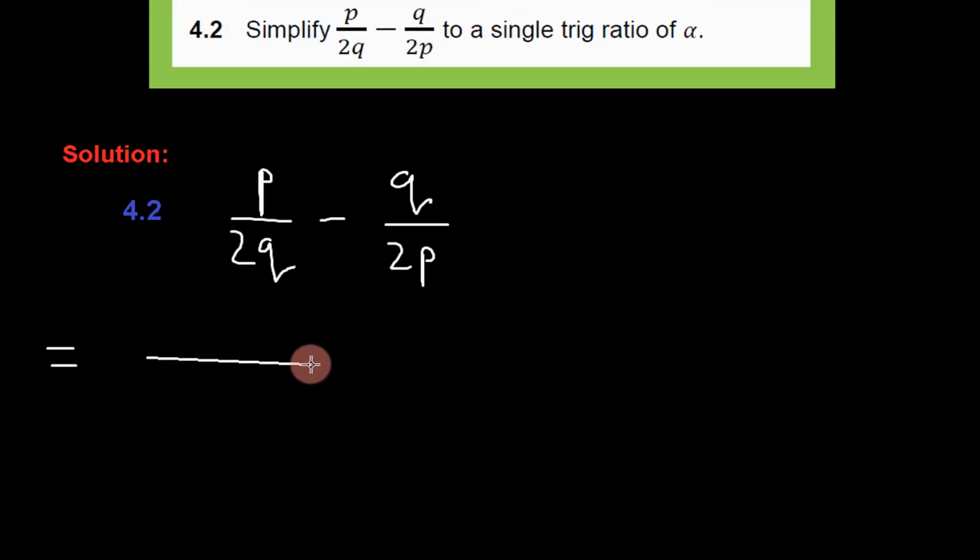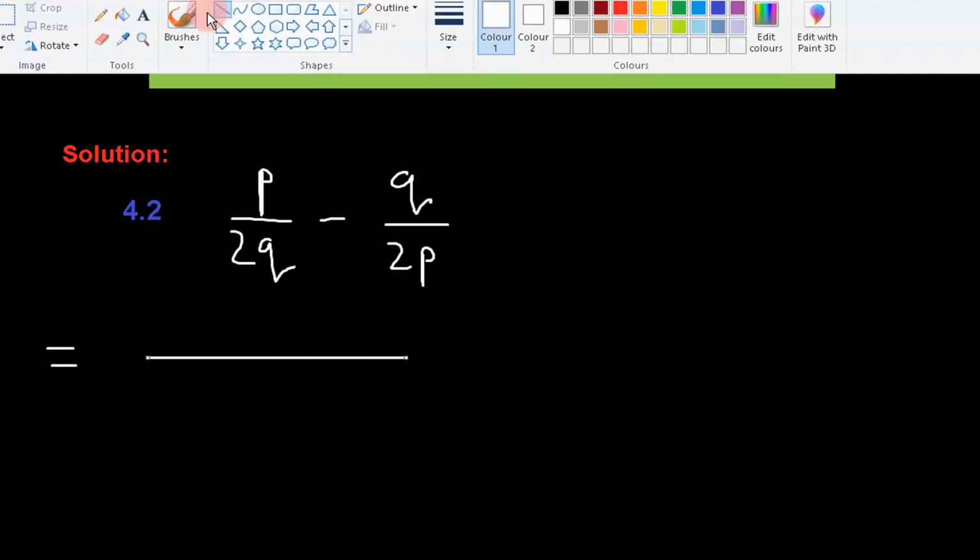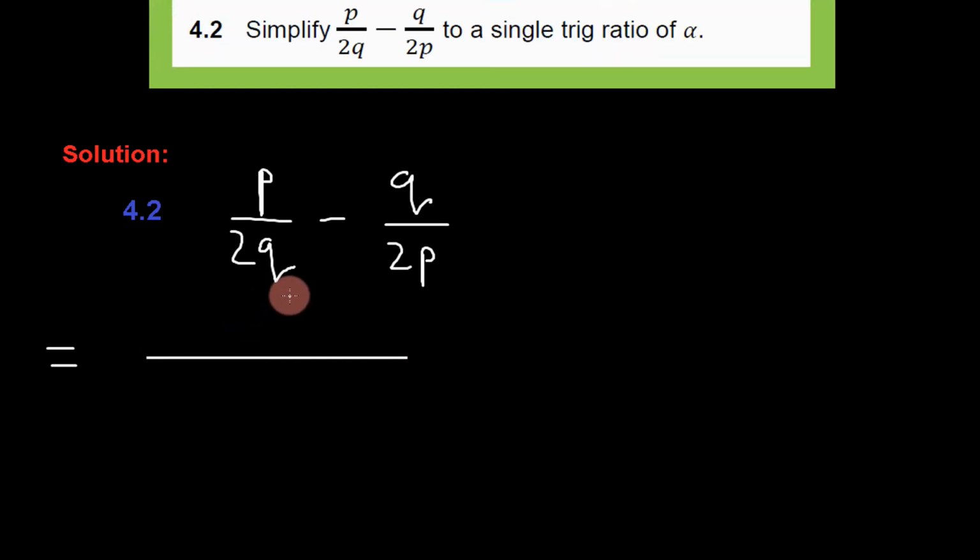So we can find the LCD. The LCD, of course, is 2PQ. Then 2Q into 2PQ, P remains times the numerator, so P squared. And 2P into 2PQ, Q remains times the numerator, which is Q squared.